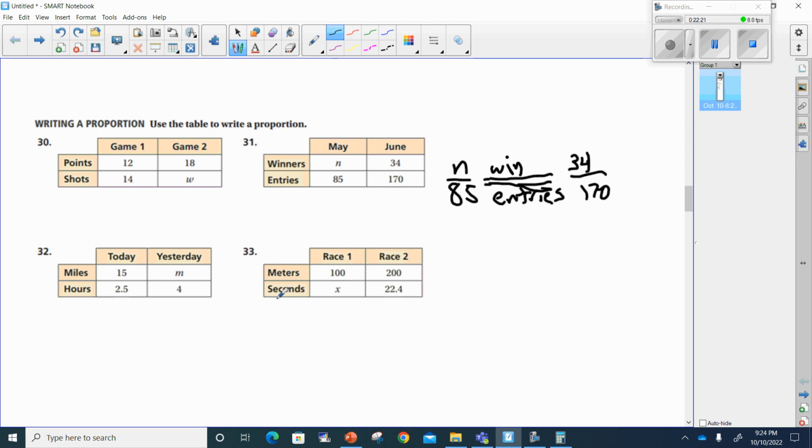Okay, and then if we did the number 33 here, we'd have 100 meters over x seconds.